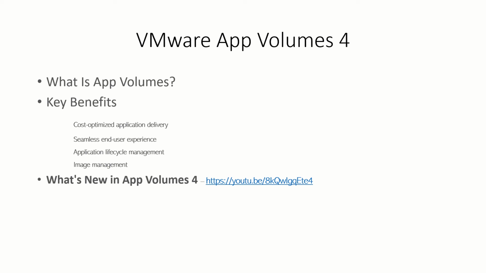Next is JMP, next generation desktop and application delivery platform. JMP is also pronounced as jump, which stands for Just-in-Time Management Platform. It represents capabilities in VMware Horizon that deliver just-in-time desktops and apps in a flexible, fast, and personalized manner.